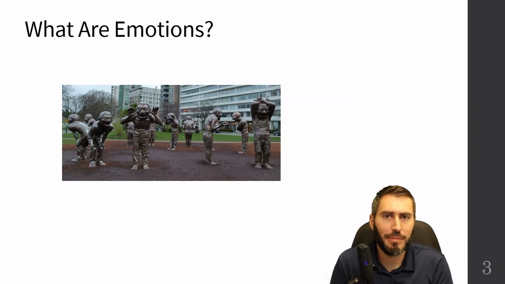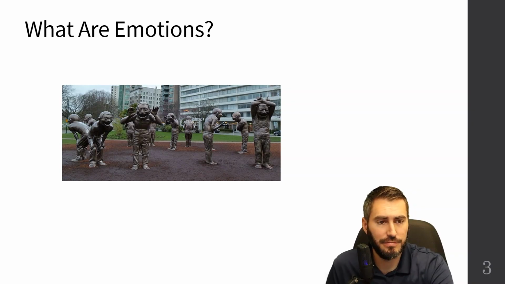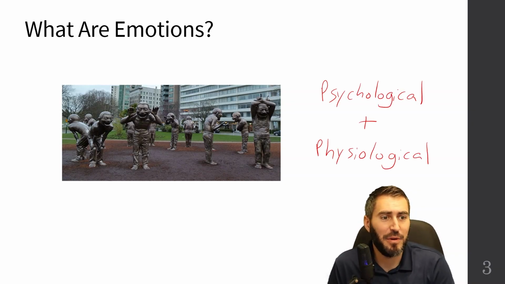And so when we talk about emotions and what they actually are, there's a couple key things that we want to identify and point out. In psychology, we say that emotions encompass two things, psychological and physiological states. Both of these together comprise what our emotions are.